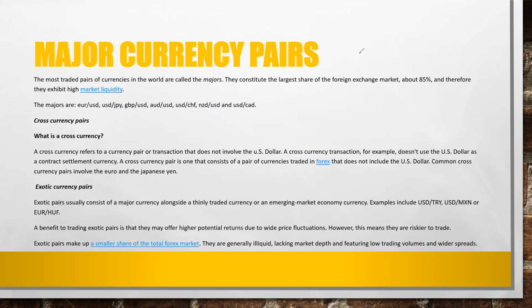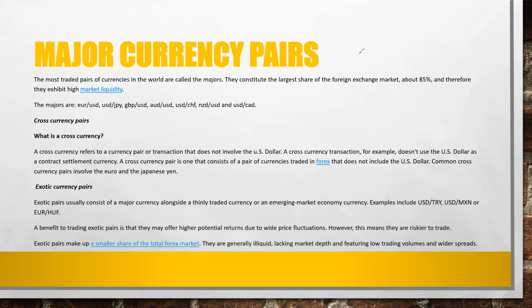Then we go to what we call cross-currency pairs. A cross-currency pair refers to a currency pair or transaction that does not involve the United States dollar. A cross-currency transaction, for example, does not use the US dollar as a contract settlement currency. It consists of a pair of currencies traded in forex that does not include the United States dollar.